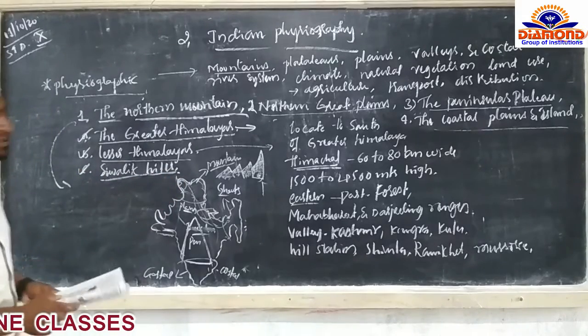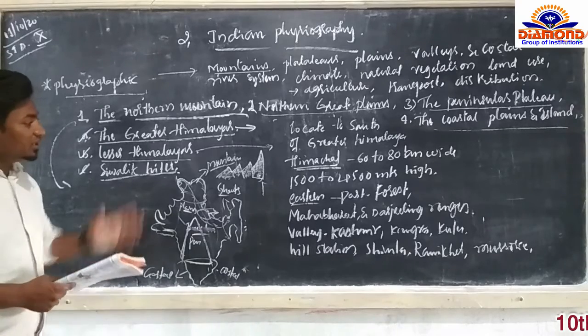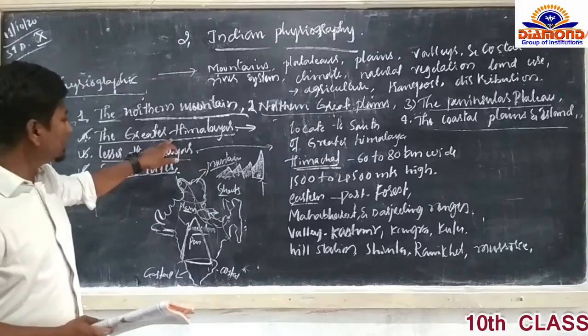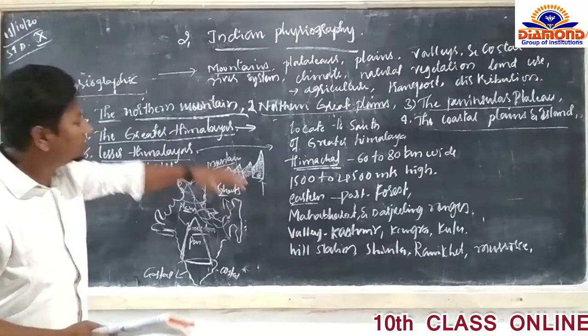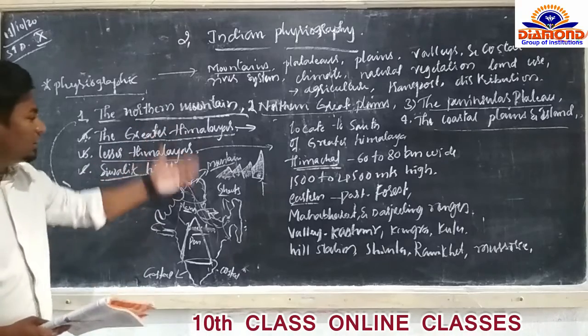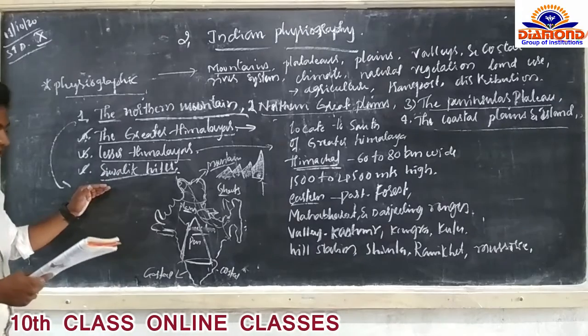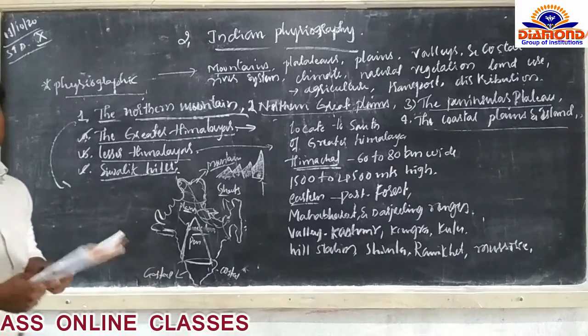Shivalik hills. Now we saw the greater Himalaya in the western part, then these are the southern part. The Shivalik part is the outermost range of the foothills.